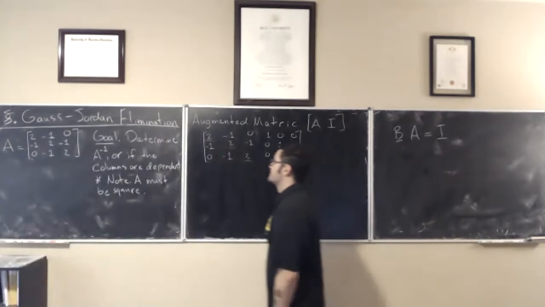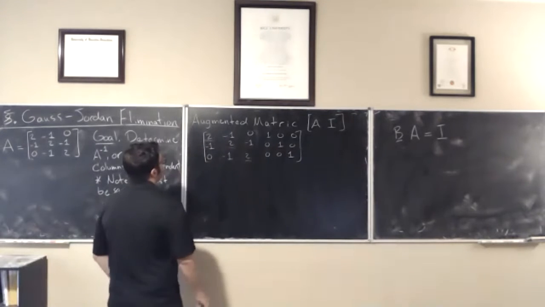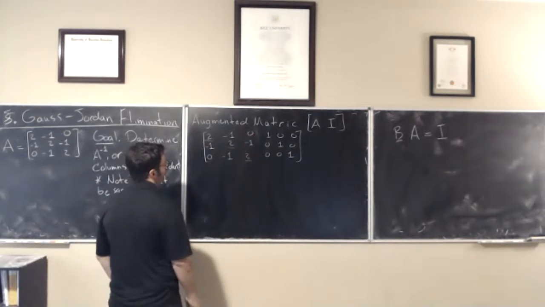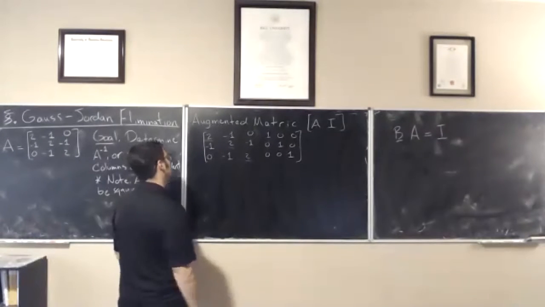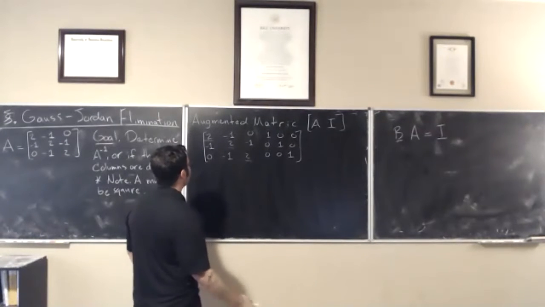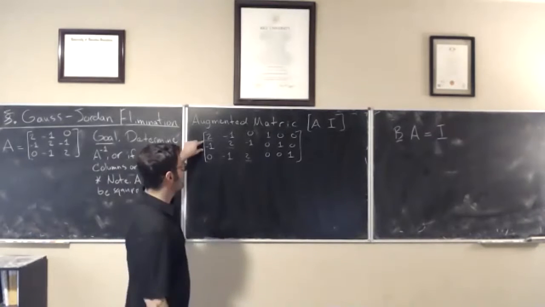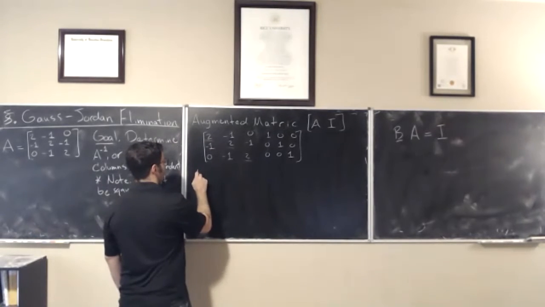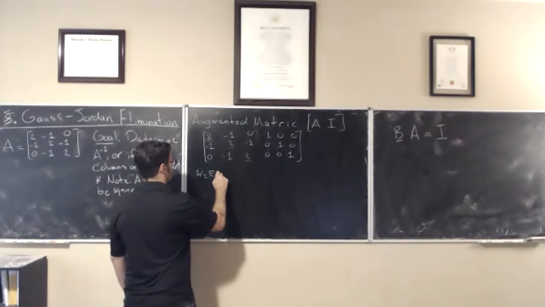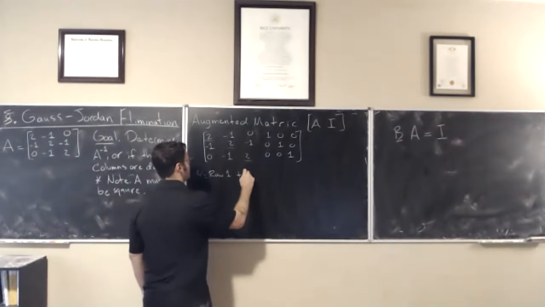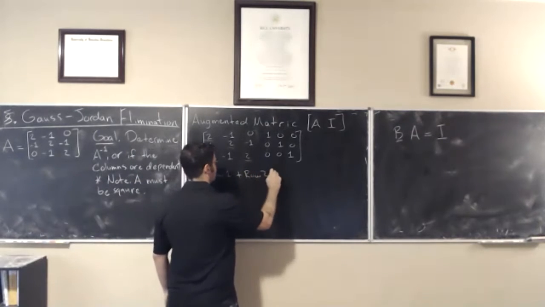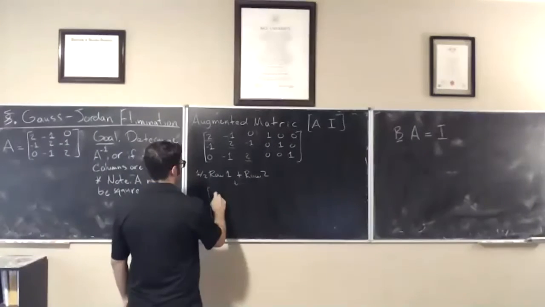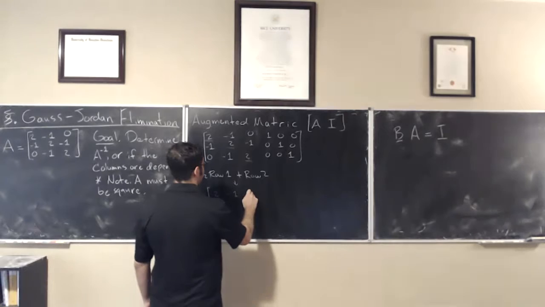Okay, so for example, I can multiply this first row by 1/2 and add it to the second row to get the next matrix. So 1/2 times row 1 plus row 2 gives me... So the first row stays the same.